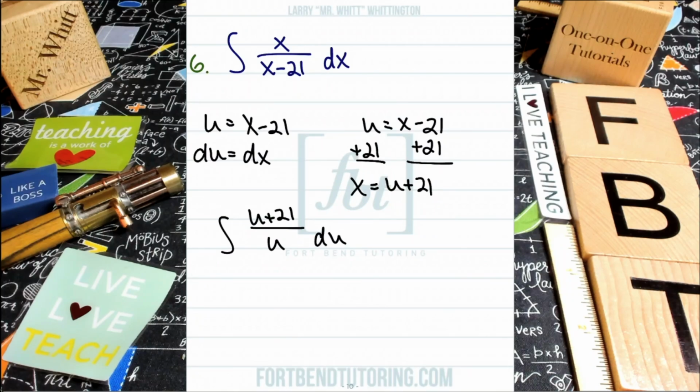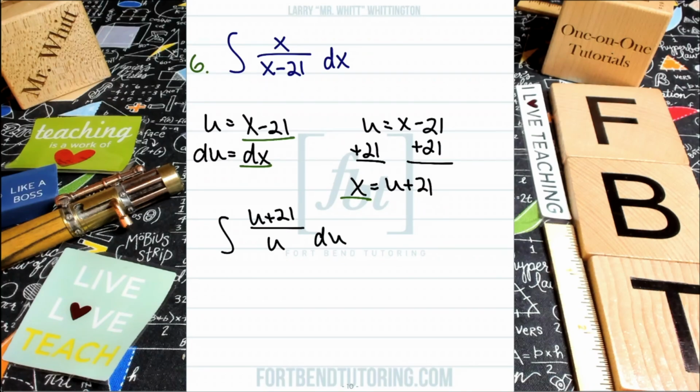So recapping our substitution, guys, the u plus 21, we replaced the x in the numerator with that, okay? Looking at our denominator of u, we replaced the x minus 21 with that. And looking at our dx, we replaced the dx with du. So those were the three parts of the original integral that we substituted with u, with our new variable that we have.